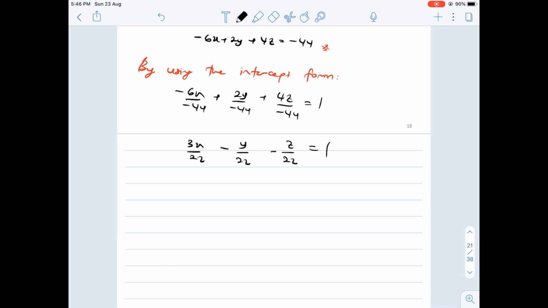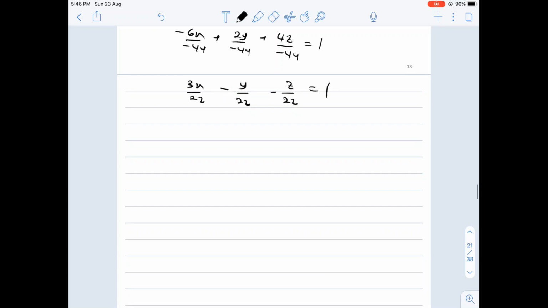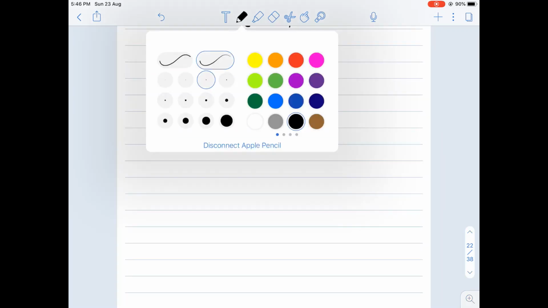Okay, because there's a negative symbol right there. So basically I can also rewrite these equations as x over 22 over 3, and then y over negative 22, and this should be 11, right, minus z over 11 equals 1. So let us sketch the graph.